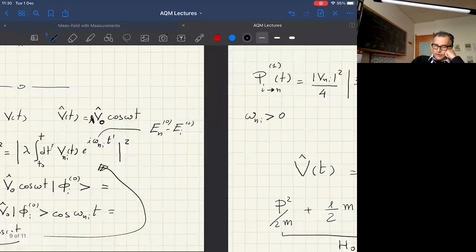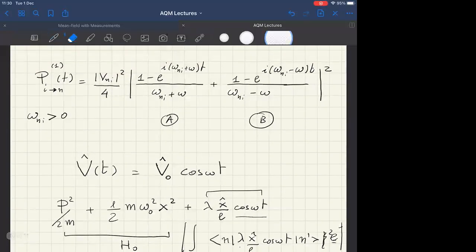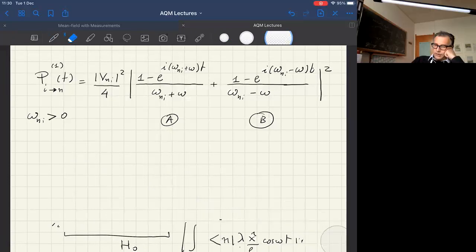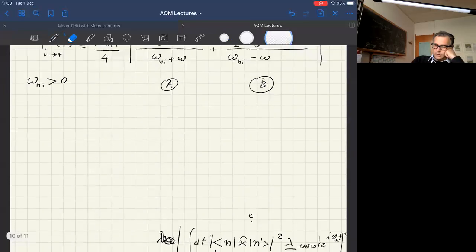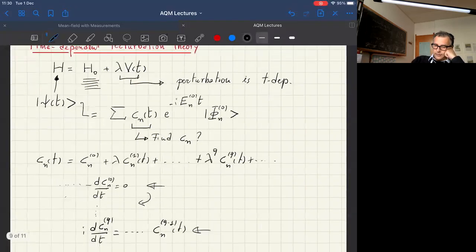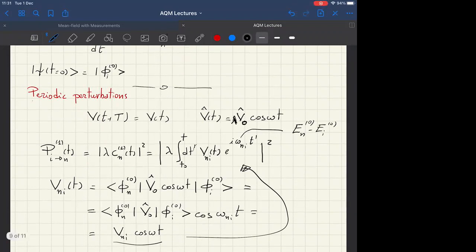So let's do it. Just a moment, I erase this. Let me rewrite on the other page.